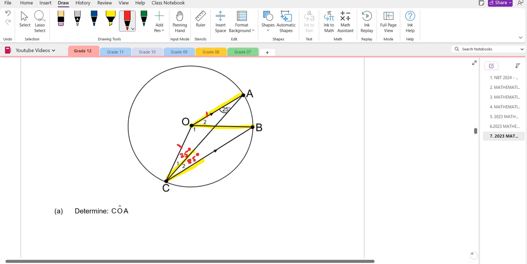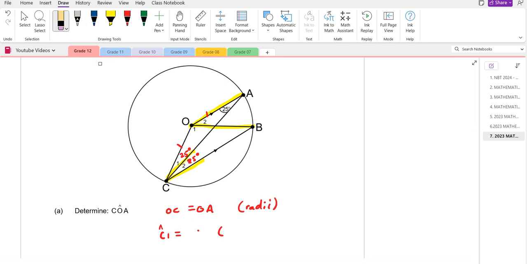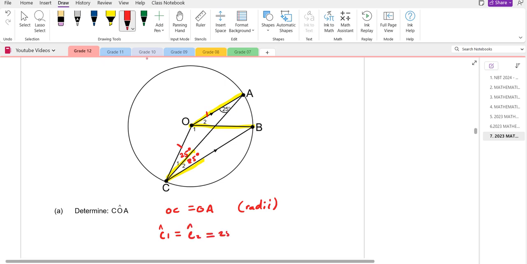Moving on, determine the size of COA. That's easy to find. First, radii, so OC equals OA. Then angle C1 is equal to angle C2, which is 25 degrees, because of base angles of an isosceles triangle, angles opposite equal sides.